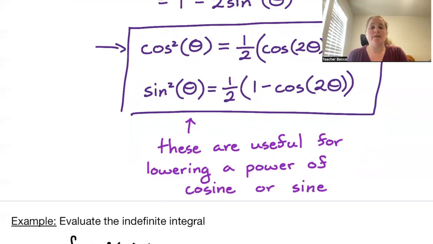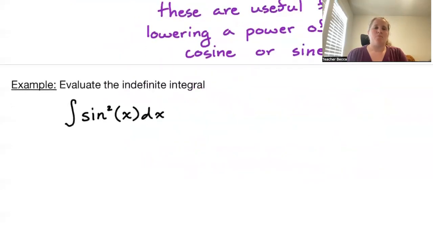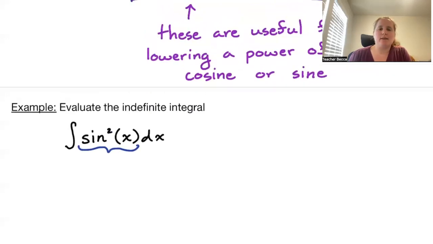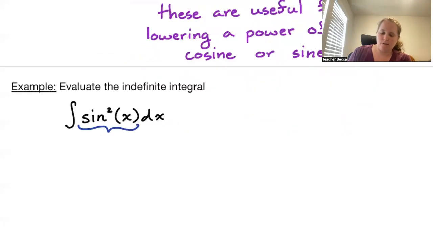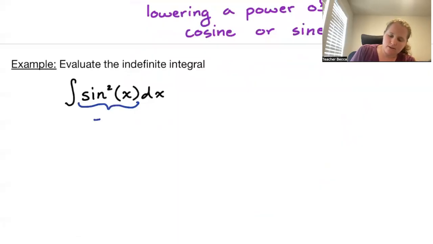So let's do a quick example. Let's go ahead and evaluate the indefinite integral, the integral of sine squared of x dx. So we will just go ahead and swap that sine squared of x out for 1/2 of 1 minus cosine of 2x. So this sine squared of x is just 1/2 times, in parentheses, 1 minus cosine of 2x.